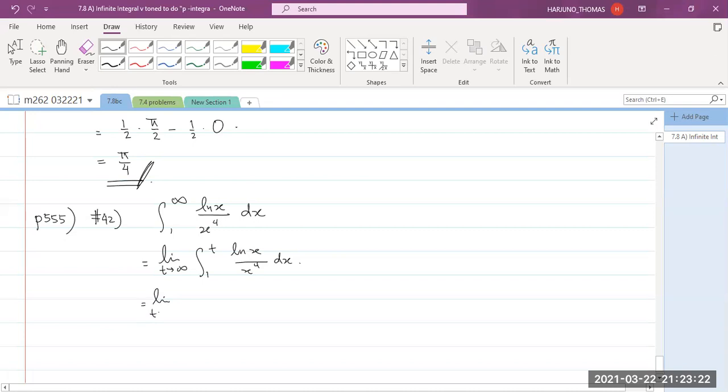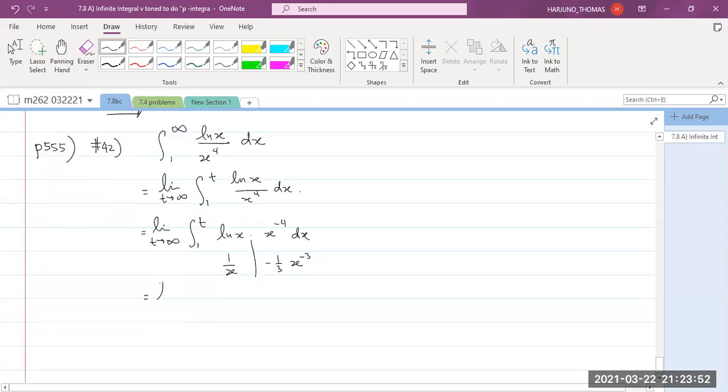This is the limit as t goes to infinity of the integral of natural log of x times x to the negative 4 dx, integration by parts. The derivative of natural log of x is 1 over x, and the integral of x to the negative 4 is negative 1/3 x to the negative 3. So that is equal to the limit as t goes to infinity of negative 1/3 x to the negative 3 natural log of x from 1 to t, minus becomes plus, the integral from 1 to t of 1 over x times 1/3 x to the negative 3 dx.